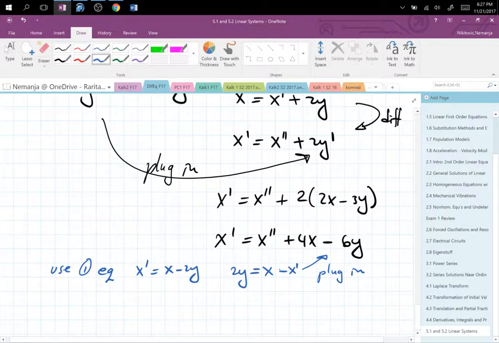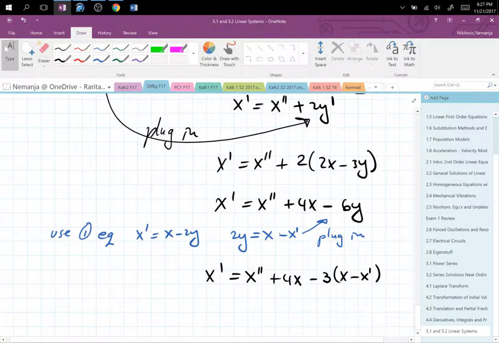You can understand this 6 as 2 times 3. So 2y times 3, so 3x, plus 4x minus 3 times x minus x prime. So x prime is equal to x double prime plus 4x minus 3x plus 3x prime.